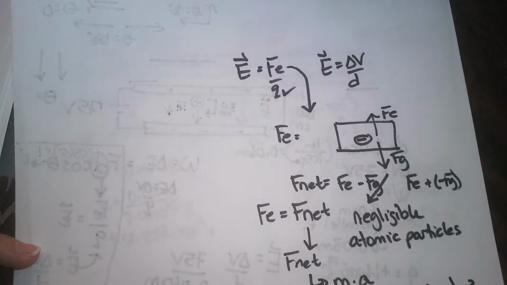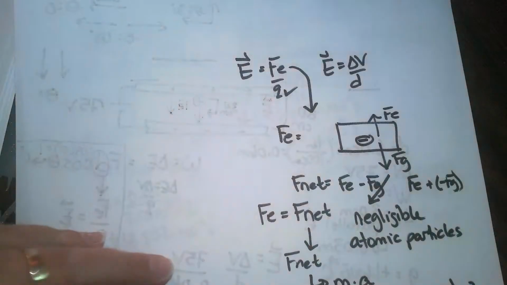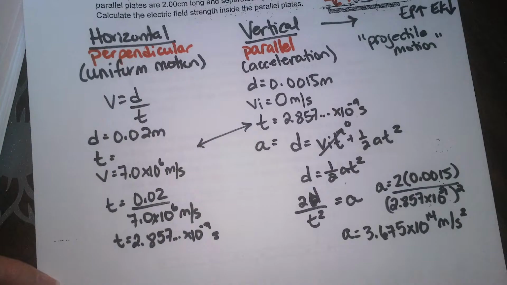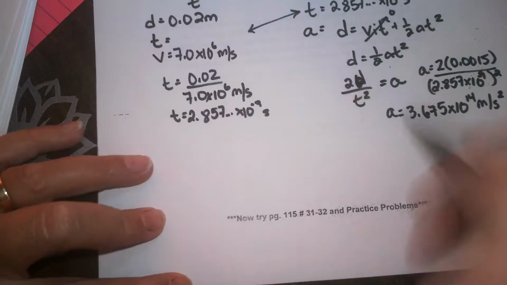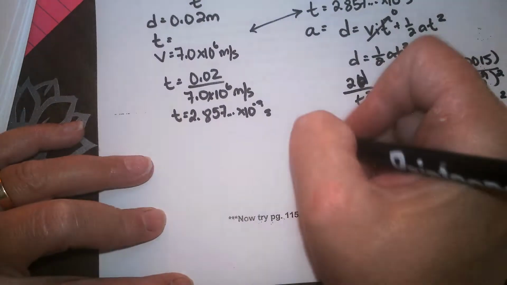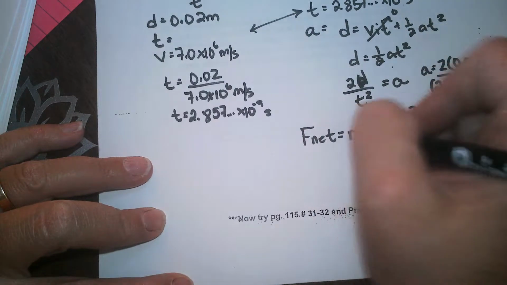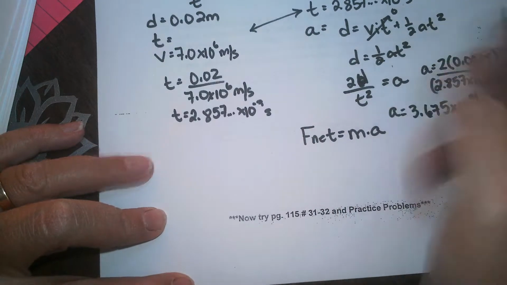Okay? This is the pathway that we're following. We're just starting at acceleration here. Okay. Force net is equal to mass times acceleration.